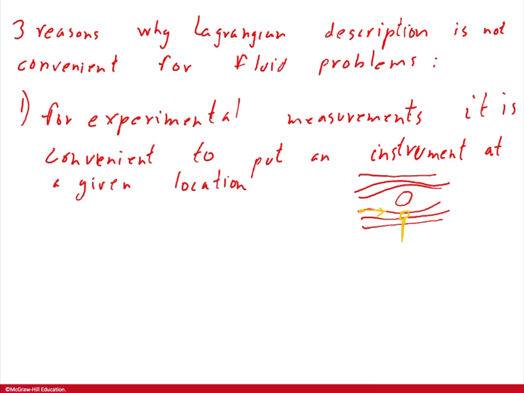Okay, the next reason that you can think of why Lagrangian description is not convenient is you are often concerned with how the fluid interacts with the object.